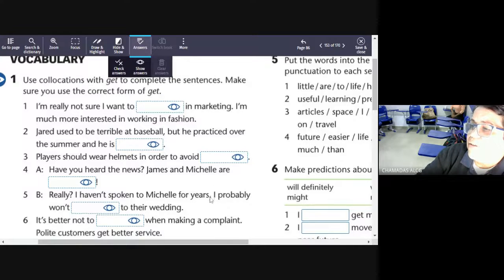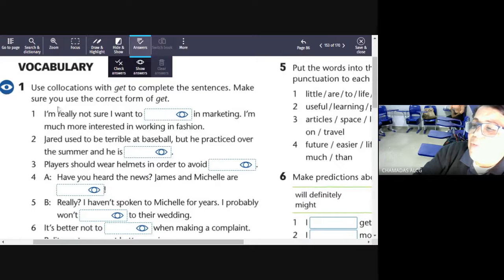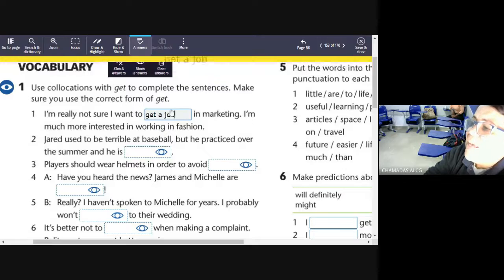Let's see here. I'm not really sure I want to in marketing. I'm much more interested in working in fashion. What do you think? Just get, let's say, get a job. Yeah. So here we have some collocation.